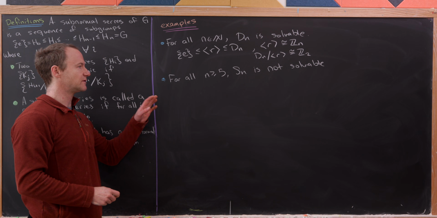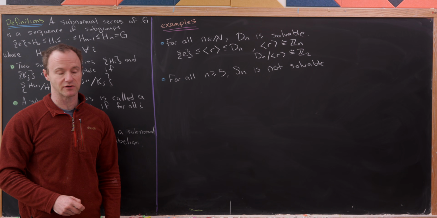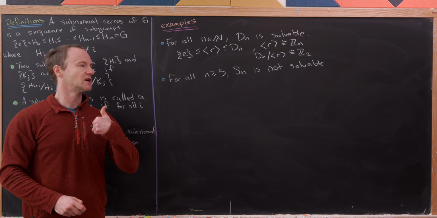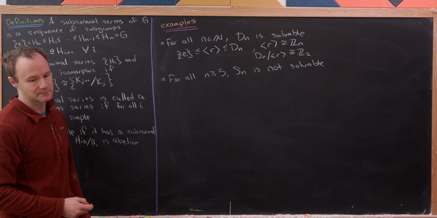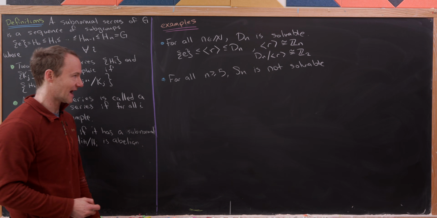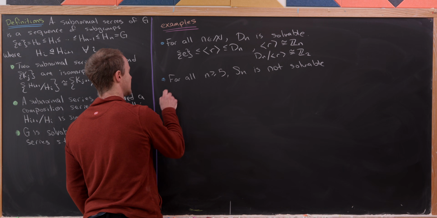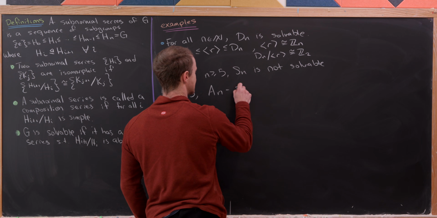Now, let's also prove that the symmetric group S_n is not solvable if n is bigger than or equal to 5. So it will be solvable in the n equals 4 and 3 case, but it's not solvable after that. And how can we show that? Well, let's observe the following. If n is bigger than or equal to 5, then A_n is simple.